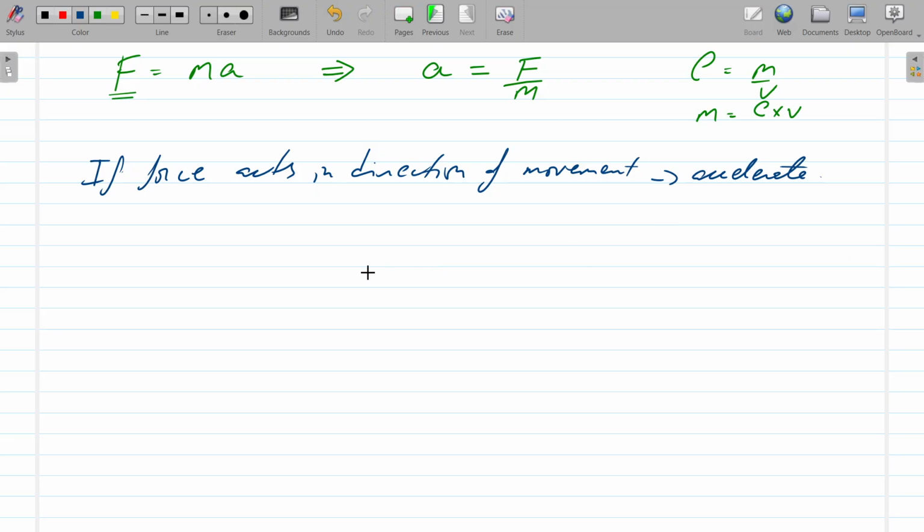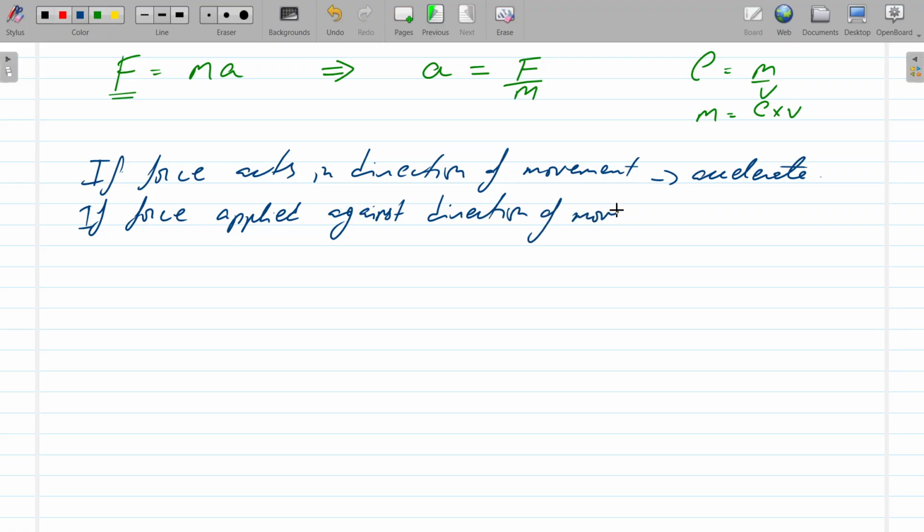If an object is already moving and force is applied against it, that will cause the object to decelerate. Make sense?